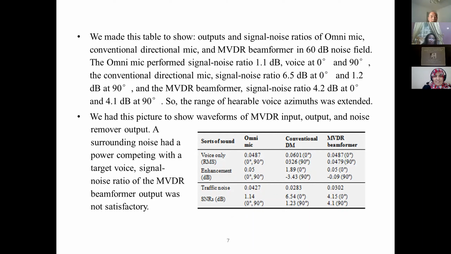The omni mic performed signal noise ratio 1.1 dB for voice at 0 degrees and 90 degrees.